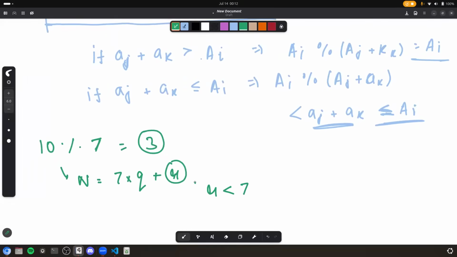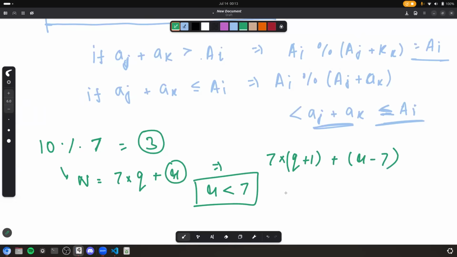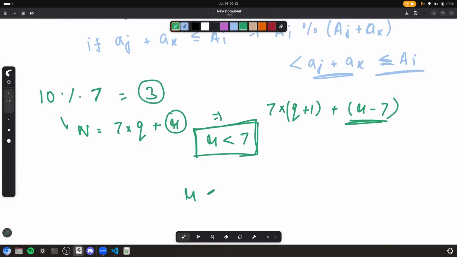It has to be less than 7, because if r is more than 7, I can make it of the form q plus 1 and then r minus 7. So r can also not be equal to 7. The remainder has to be less than the mod. So if I'm taking mod 7, then the remainder must be less than 7.